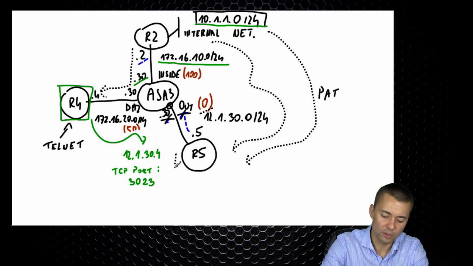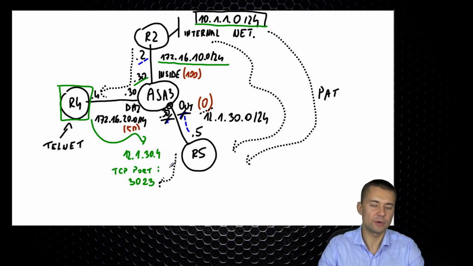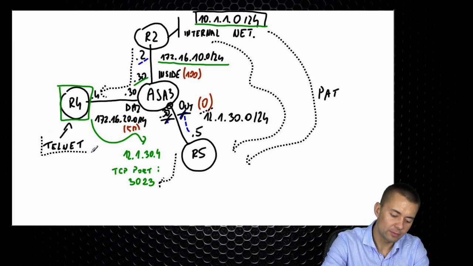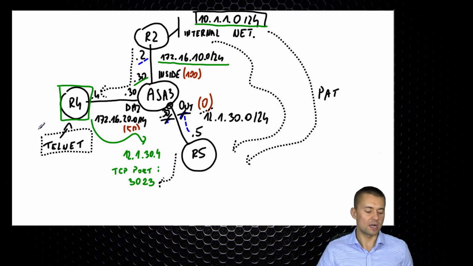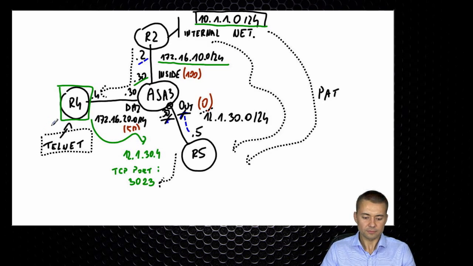So from router 5, when I telnet to 12.1.1.34 over 3023, I want to access router 4 using the telnet port. So I want to access router 4's command line. So it's going to be a static translation with port redirection, static PAT.